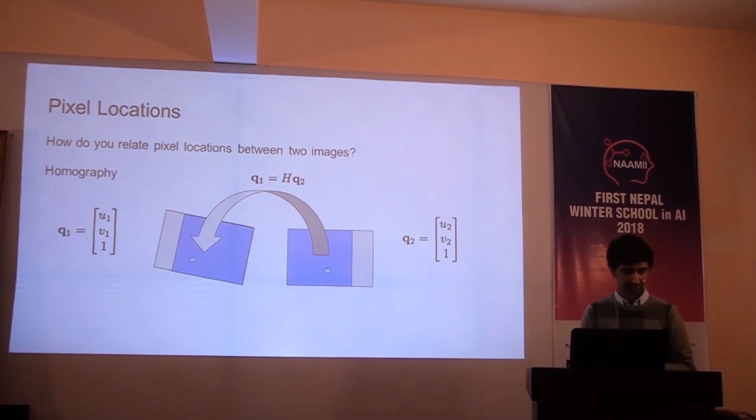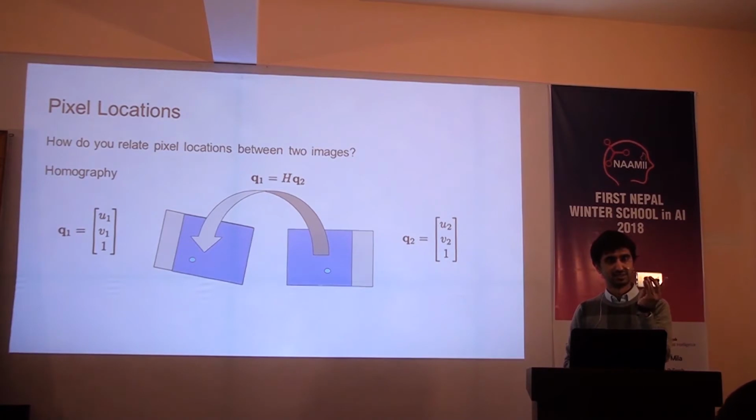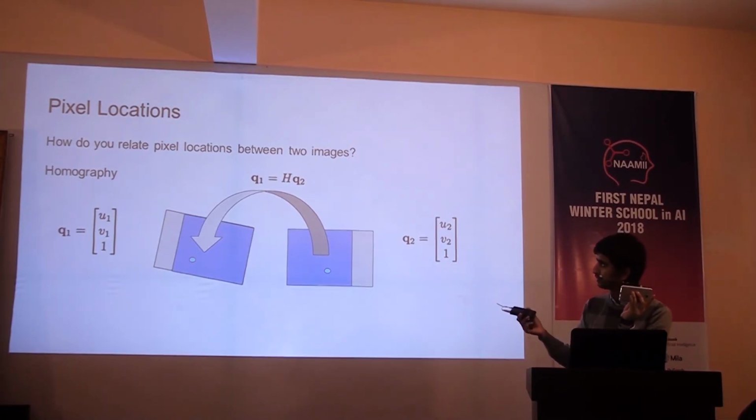So it turns out that I will directly go into the results and not the derivation, but it's pretty simple to prove it. You can try it at home. If your camera is rotating like this about the camera center, what you will get is that you can have a single H, a 3x3 matrix.